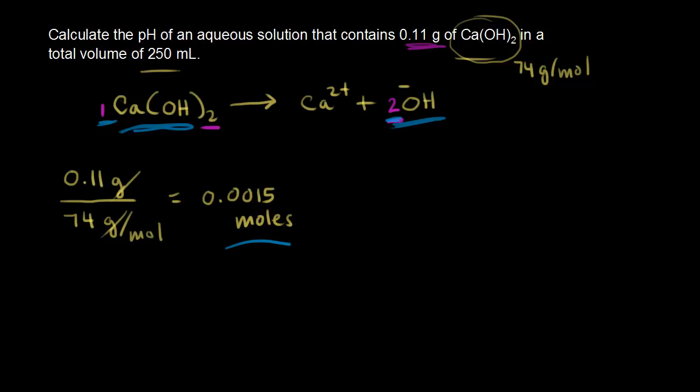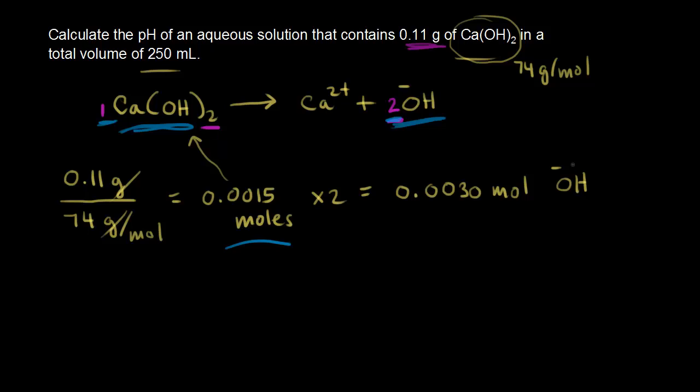So we need to multiply that number by 2, right? So by 2 to figure out how many moles of hydroxide ions we have. So that number times 2 would be 0.0030 moles. And now we're talking about moles of hydroxide ions, right? Over here we're talking about moles of calcium hydroxide, and here we have moles of hydroxide.